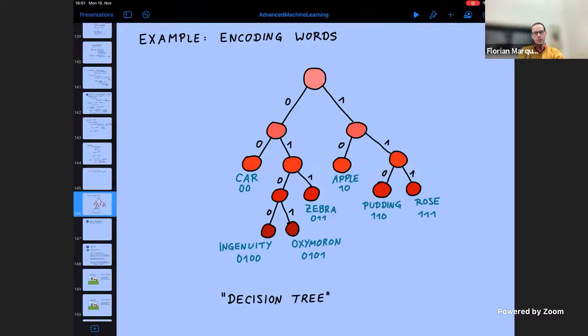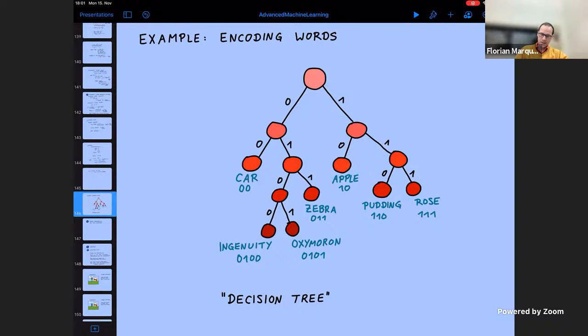And the very simple rule that Shannon realized is that the more frequent a symbol is, the shorter should be the encoding. And so I've tried to represent this here. If you were to encode some words, let's say you have a little dictionary of words that can occur in your texts. Some of the words are more frequent, and of course you want that the more frequent words are encoded in a shorter code.